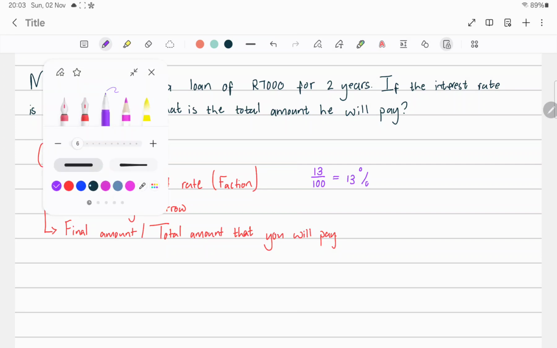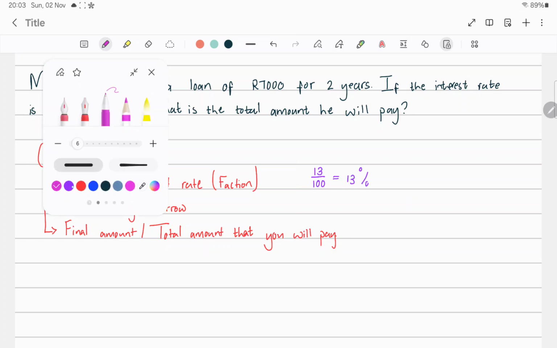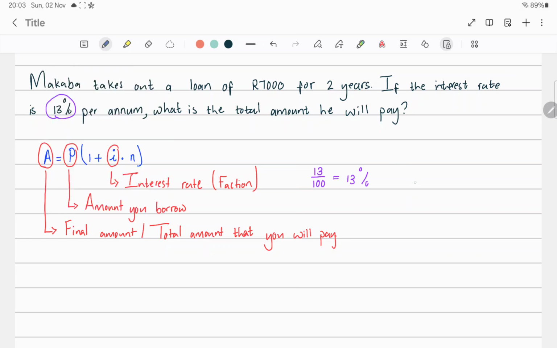Even if, for instance, they gave you 26%, you represent this as a fraction: 26 divided by 100.